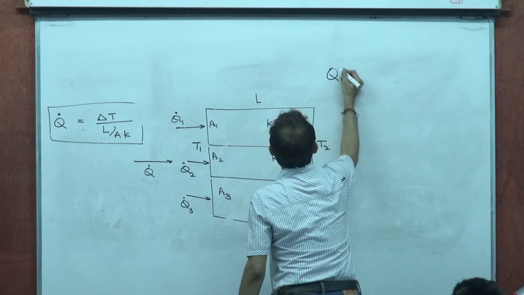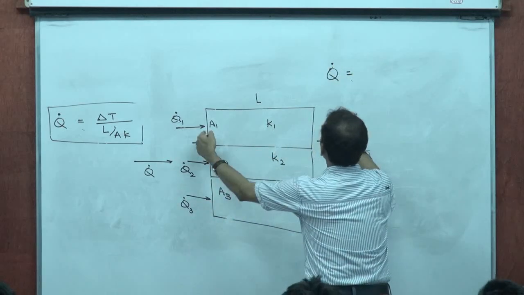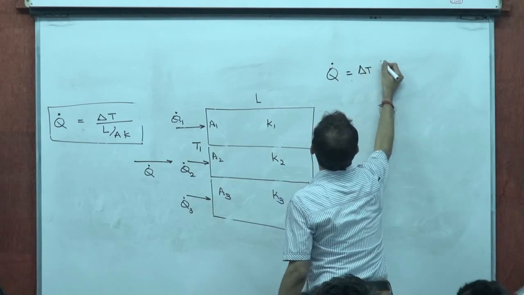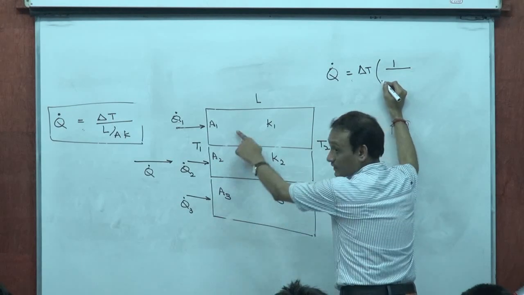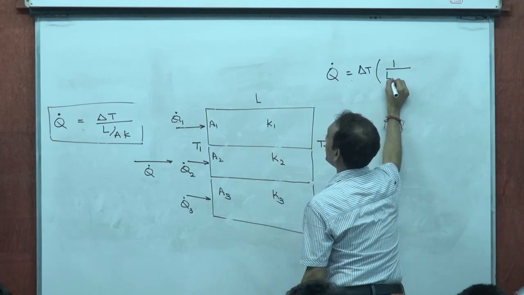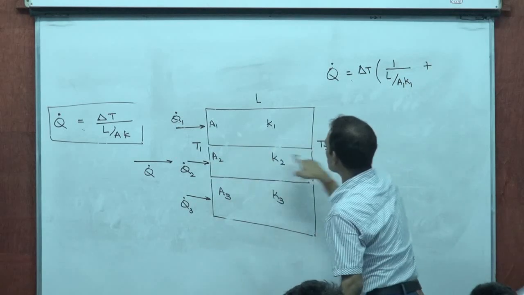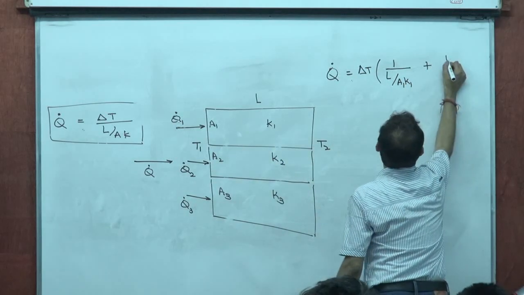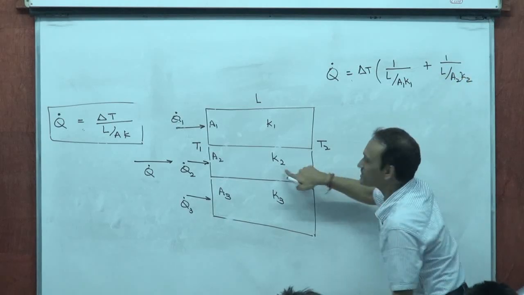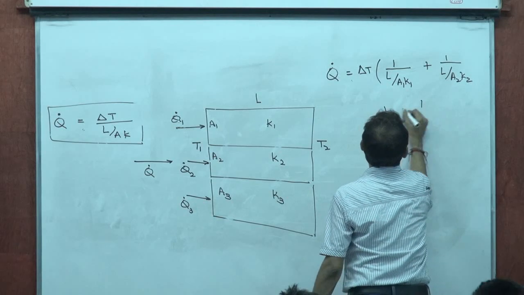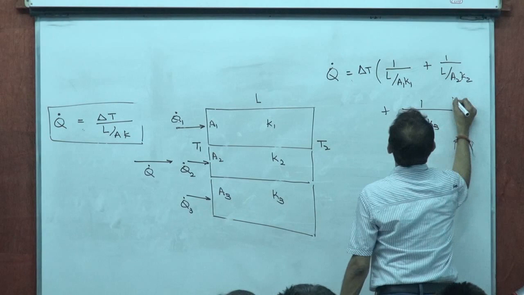So, the total heat current Q dot is the difference in temperature delta T divided by the thermal resistance L by A1 K1, plus the same temperature difference divided by L by A2 K2 for this, plus delta T divided by L by A3 K3 for this.